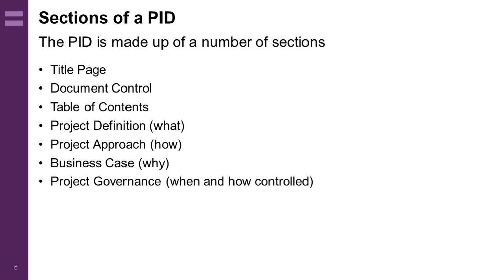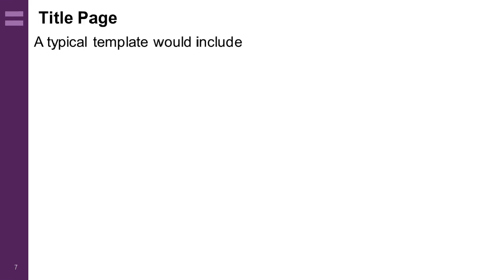The PID serves two purposes: the authorization to proceed and commit resources, and then as a benchmark to measure progress during and success upon completion of the project. So I'll talk about each of these sections in turn.